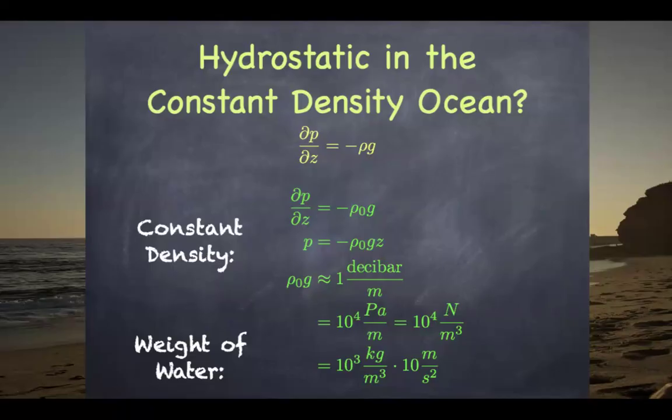And so if they don't change the density that much, they don't change the pressure very far away from the hydrostatic pressure. And so this hydrostatic pressure is a decent approximation of the pressure with depth as we go down. That's that thing I keep bringing up, 1 decibar per meter. This is about rho naught g, which is very close to a decibar per meter. That's where that factor is coming from.